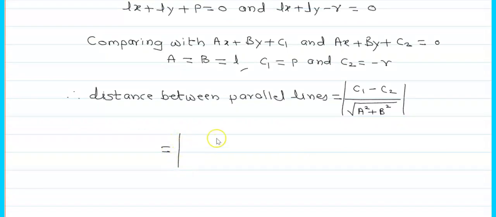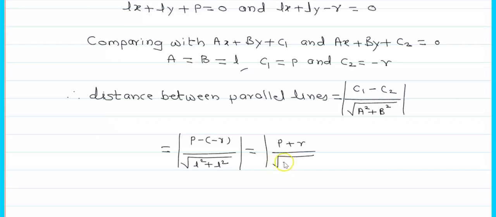This equals c1 is p minus in bracket minus r upon the square root of, a is L and b is also L, therefore it is L square plus L square, and that is equal to mod of p plus r upon the square root of 2L square.